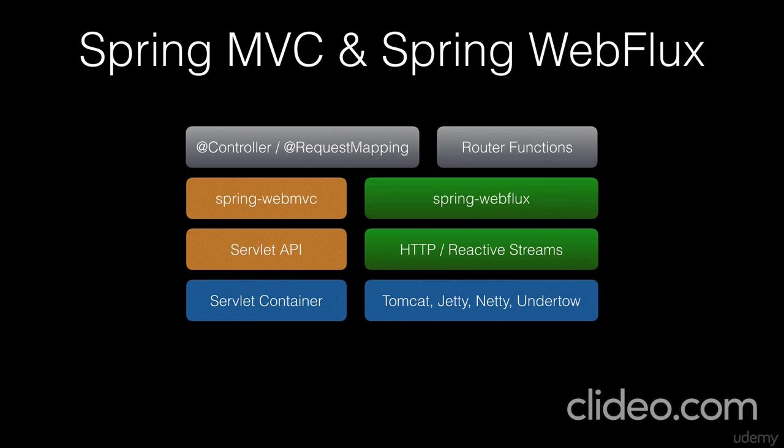Now, on top of these, we're still going to be using the controller and request mapping annotations, or a whole new functional API called router functions. You can use either one of these with Spring Web MVC or Spring WebFlux.